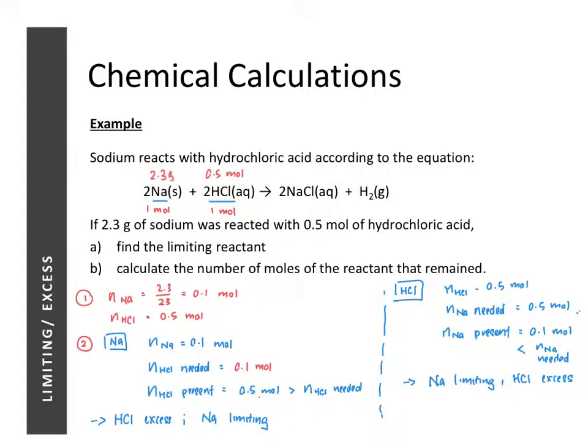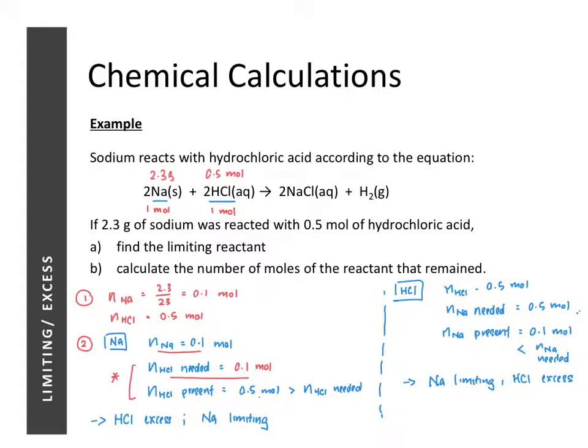Now calculate the number of moles of reactants that remain. There will be some of the excess reagent left over. How much is left over? Again, 0.1 moles of sodium will react with 0.1 moles of hydrochloric acid.